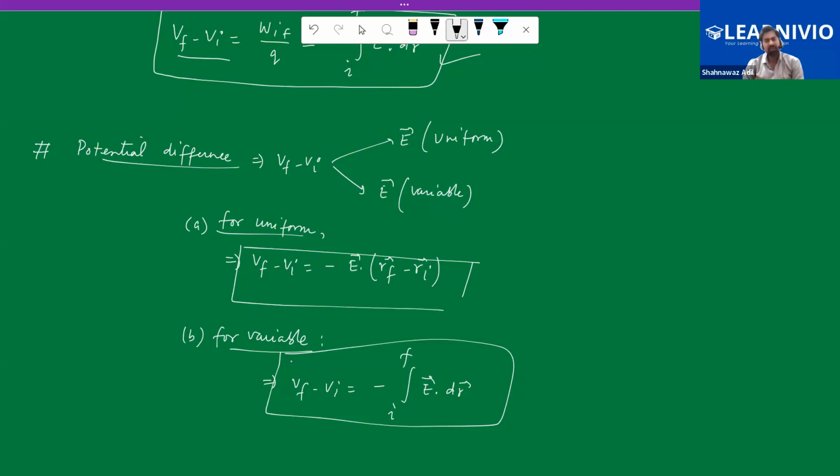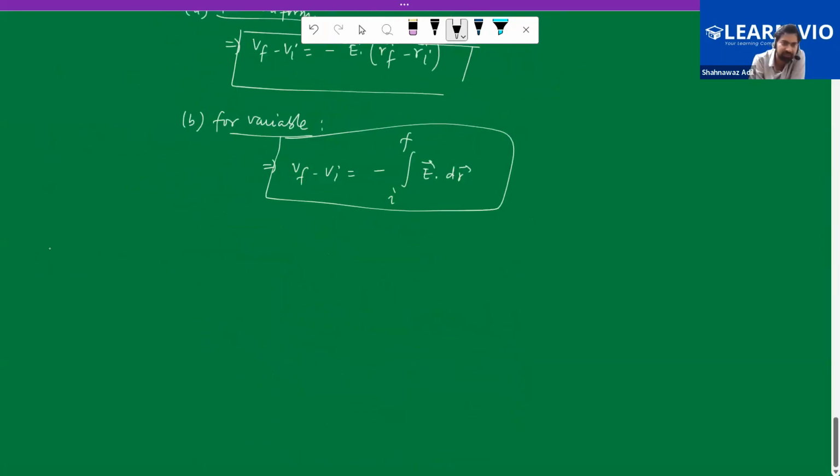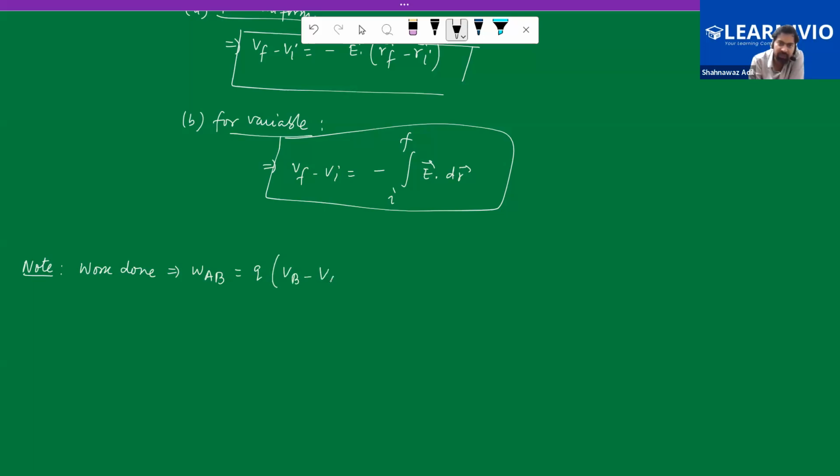And you guys have already learned that there is a very important relation that can be derived from here. Work done, let's say from A to B, in bringing a charge from A to B, this would be Q times (VB minus VA). This is a very important relation.